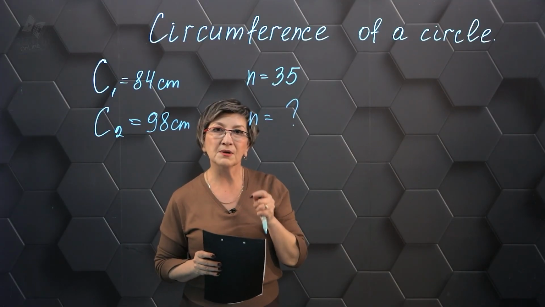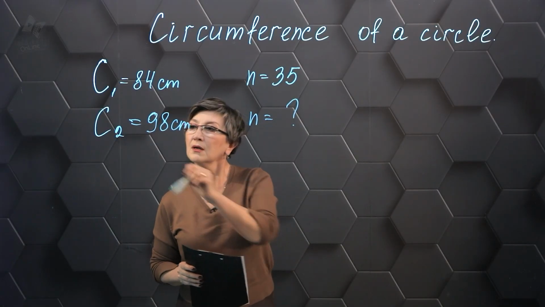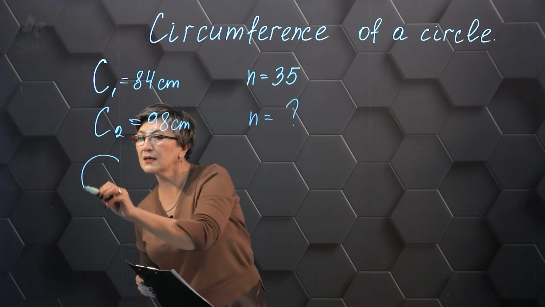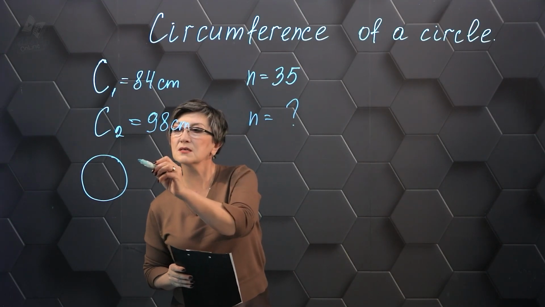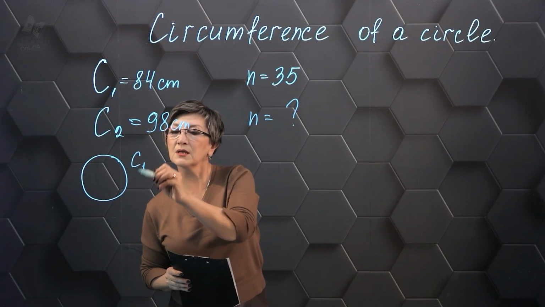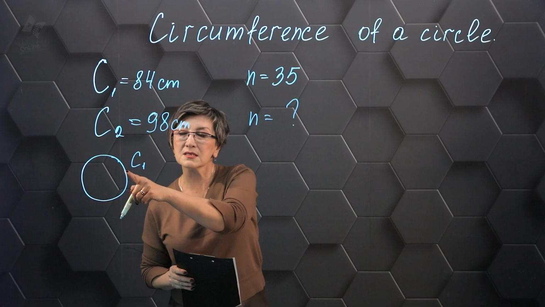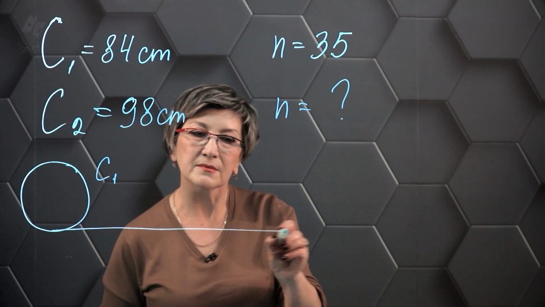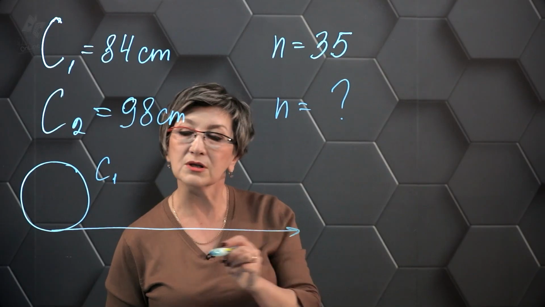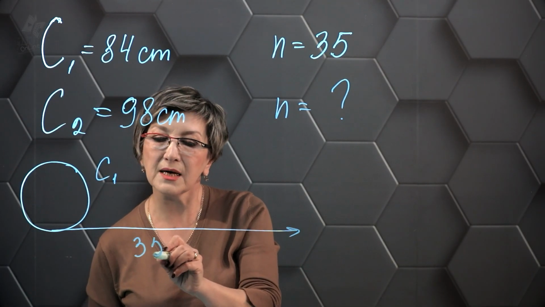Let us visualize this situation. One wheel has a circumference length of 84 centimeters. The first wheel has made 35 revolutions and traveled some distance.